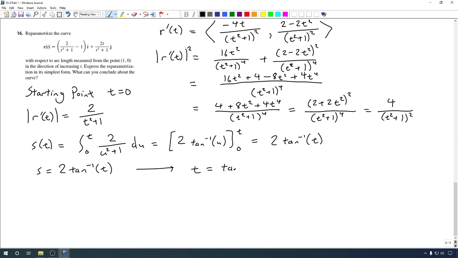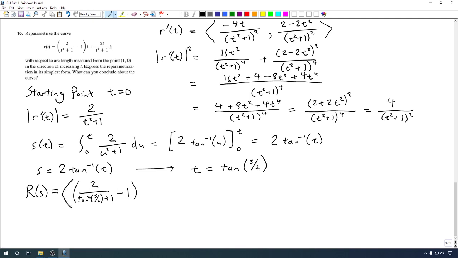So we end up getting tangent of s over 2. That is our t value. And that's the value we're going to plug in to the t's that we have in this formula. So capital R of s, our new parameterization, is going to equal 2 over tangent squared of s over 2 plus 1, minus 1.